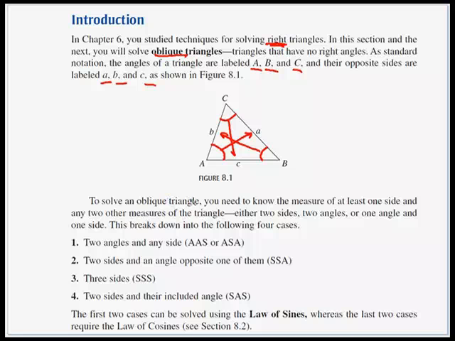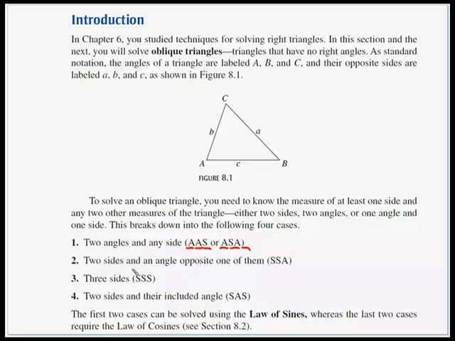To solve an oblique triangle, we need to know the measure of at least one side. We've got to have a side, and then we need two other measures of the triangle. We could have either the other two sides, or two of the angles, or one of each, one angle and one side. This breaks down into the following four cases. Case 1, two angles and a side, and that could be angle, angle, side, or angle, side, angle.